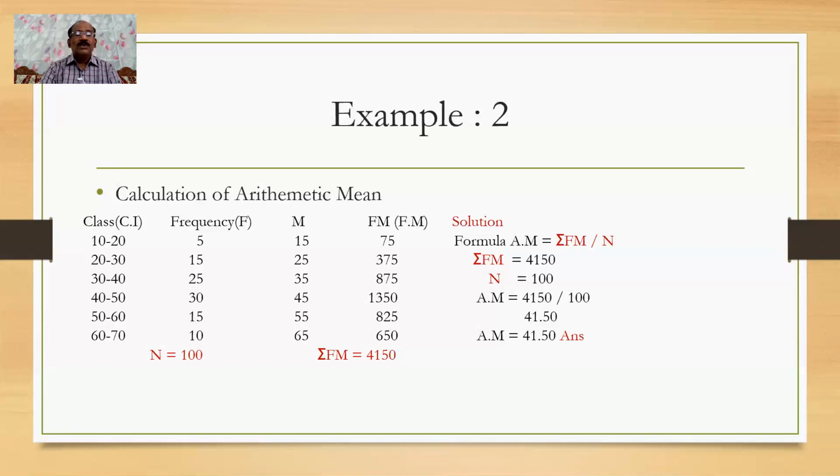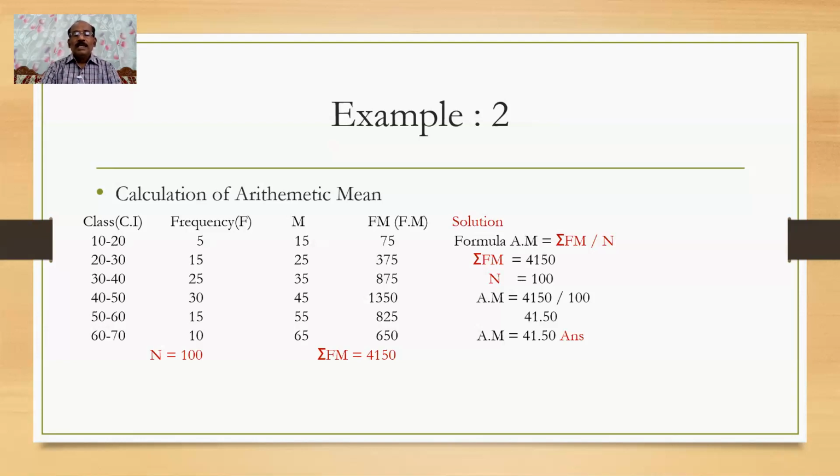Later, 30 into 45 is equal to 1350. Next, 15 into 55 is equal to 825. Next, 10 into 65 is equal to 650. Here it is the product of Fm. The Fm values are 75, 375, 875, 1350, 825, 650.